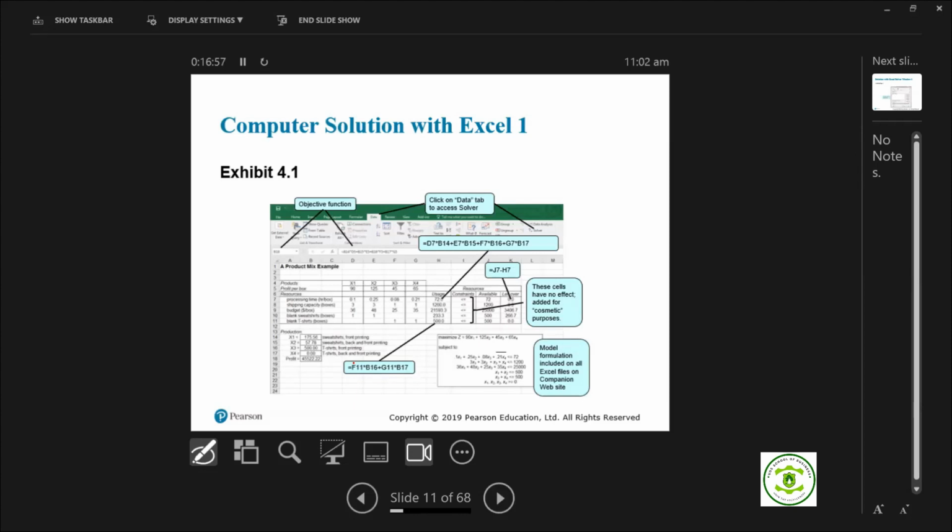Then you go to Data, then Solver, and solve it. This will be the optimal value: X1 will be 175, X2 57, X3 500, and X4 will be 0.